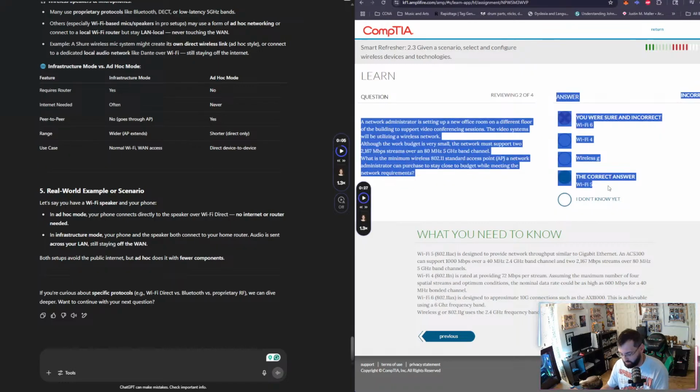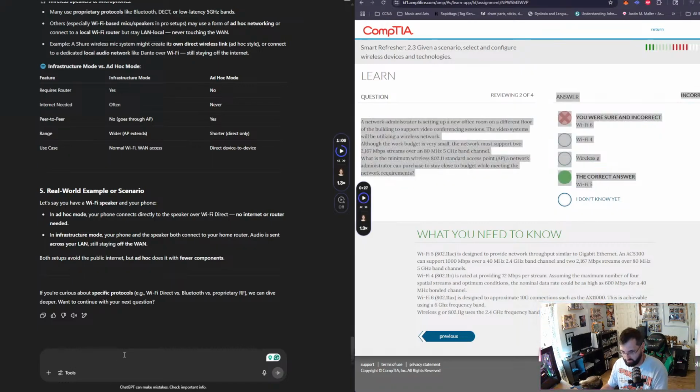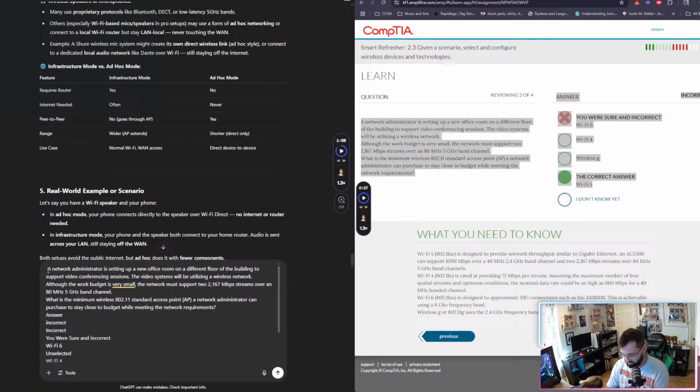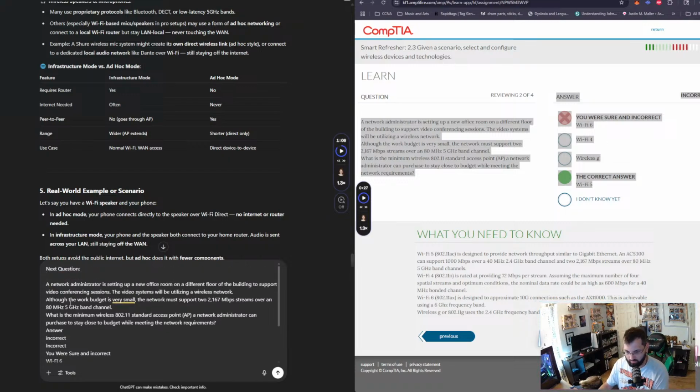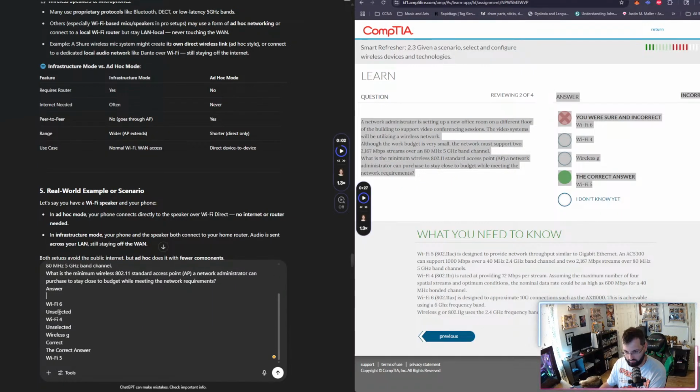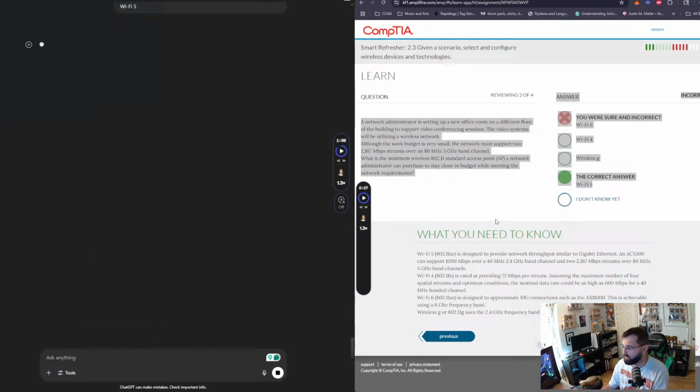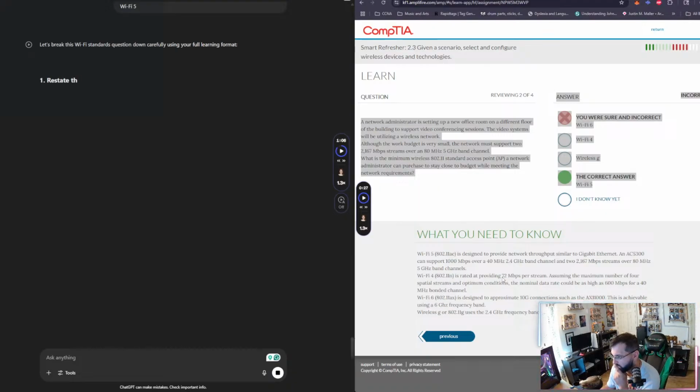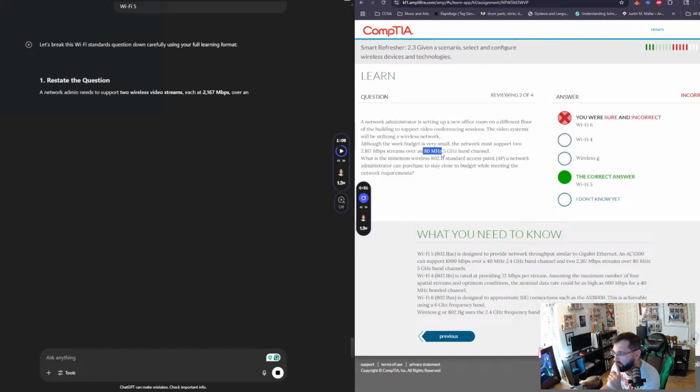See, look, we're gonna put this in ChatGPT and we're gonna see what it says. So we're looking for 80 megahertz.